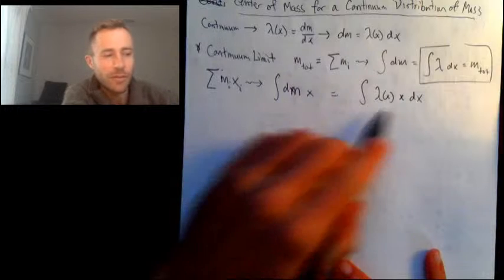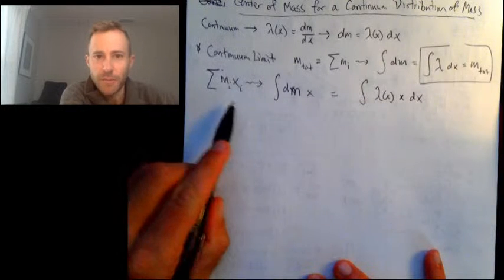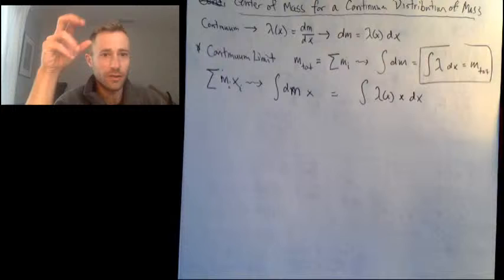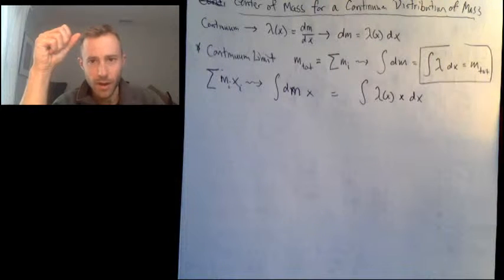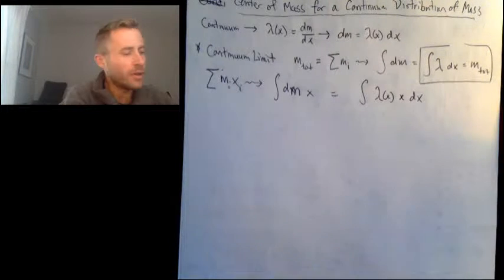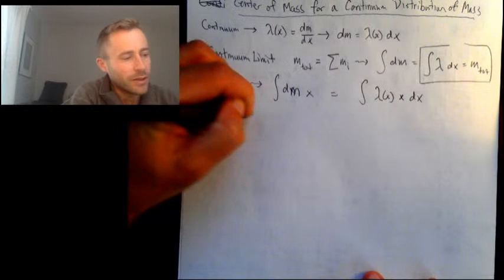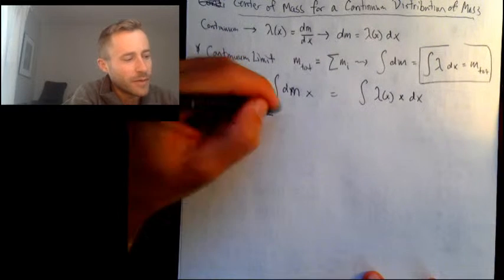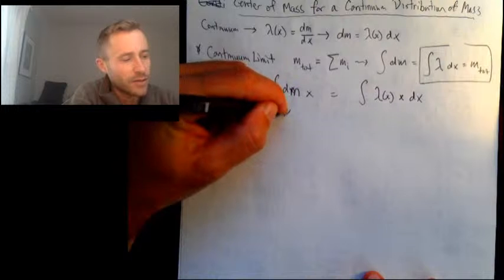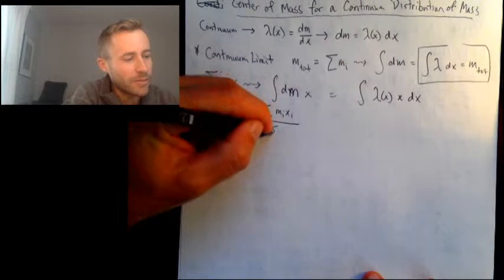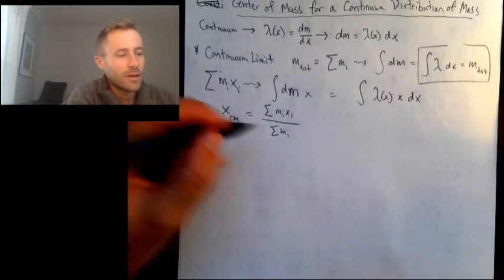So that is what becomes of this sum of mass times x in the continuum limit. If we look at our definition of the center of mass, it's the sum of m_i times x_i divided by the sum of m_i.